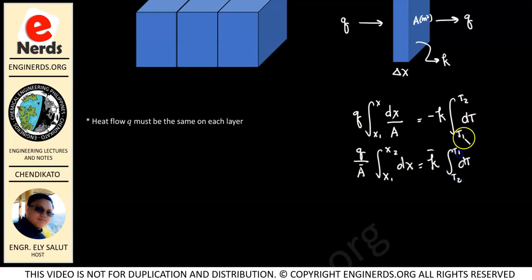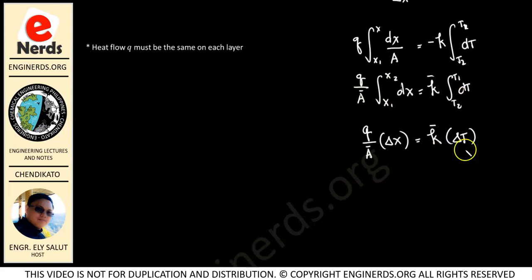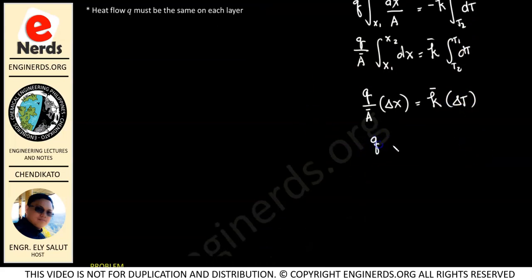Integrating both sides, we will have Q over A bar, then x2 minus x1, which is our delta X, our thickness, equal to K bar, then T1 minus T2, which is our delta T. When we solve for Q, we will have K bar over A bar, delta T over delta X. So this is our formula according to Fourier's law.